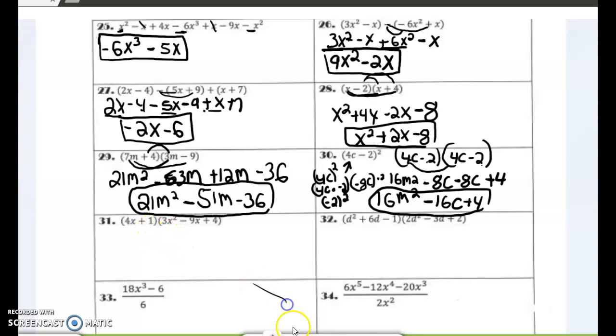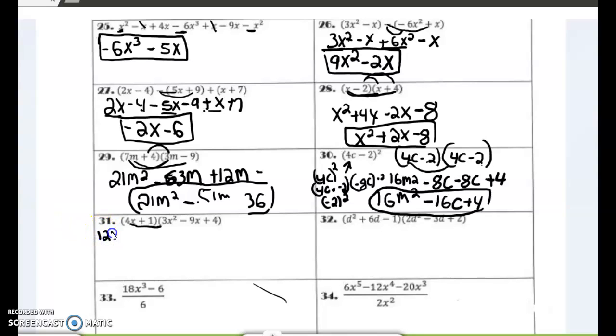These are a little bit of a beast because we have a lot of work to do. You notice it's a binomial and a trinomial. So you're just going to distribute a lot of stuff. I suggest you just be careful with your work there.